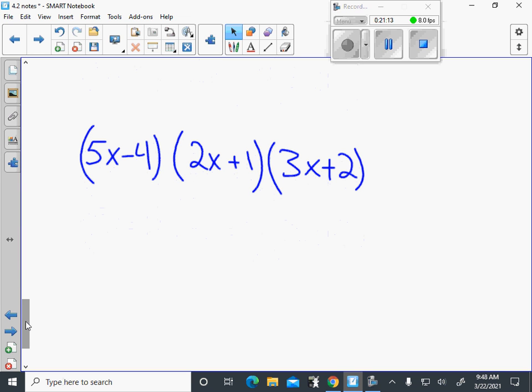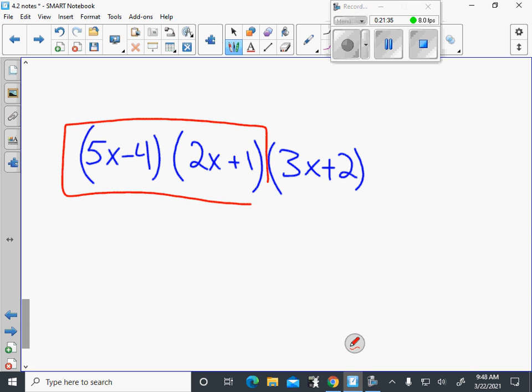This time we have 3 parentheses. You can do this a few different ways. I'll just explain to you how I do it. Okay. You can start with any 2 parentheses. Any 2. We just multiply those together. So I'm just going to take these 2. And I'm going to multiply those together.